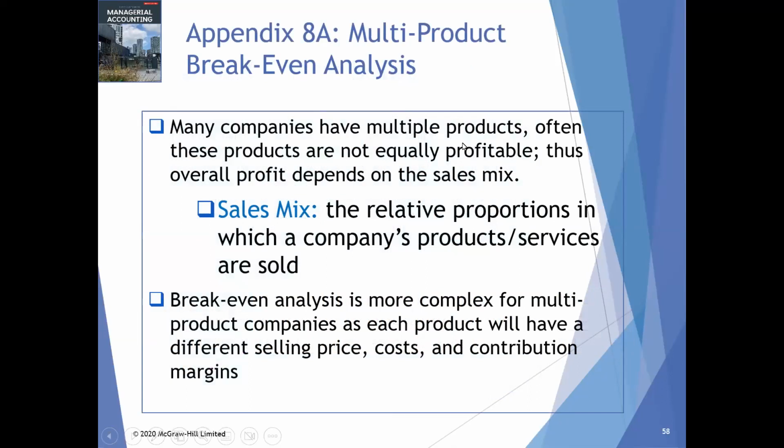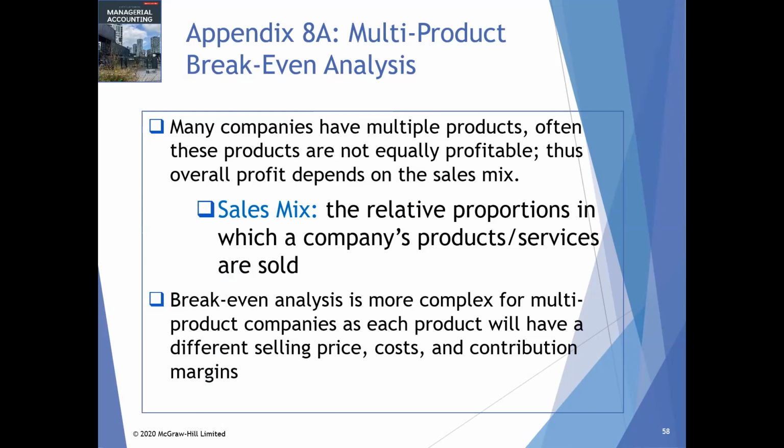Okay, now next is multi-product break-even analysis. Many companies have multiple products, not only one product. Often these products are not equally profitable. The first product's profit is different, the second's is different, the third's is also different.